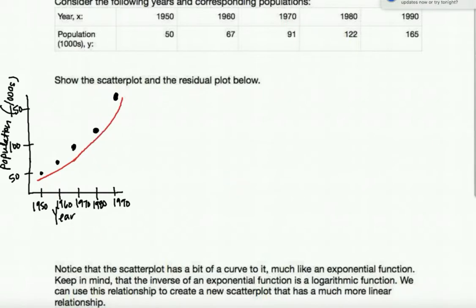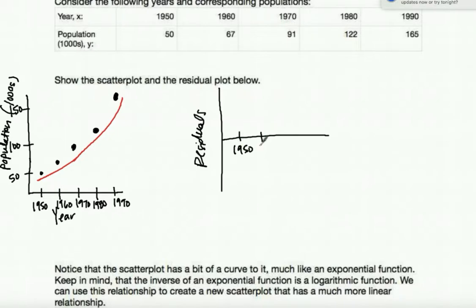All right. It does ask us to do our residual plot though. When we do our residual plot, remember our residual plot kind of looks like a T. So you still have your 1950, 1960, 1970, 1980, and 1990.